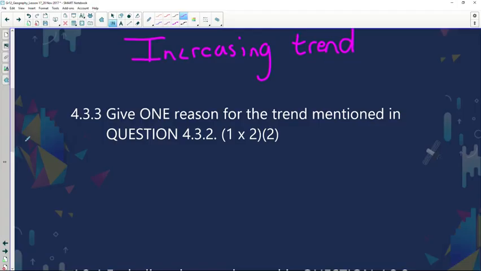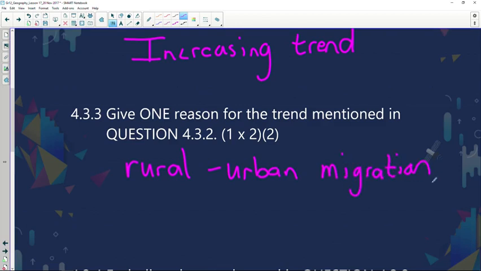If we look at our next question, give one reason for the trend mentioned in question 4.3.2, and the correct answer over there is because of the rural-urban migration, and we will probably discuss it in the next question.